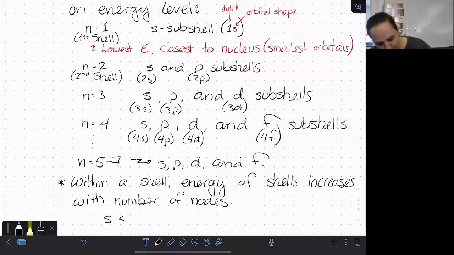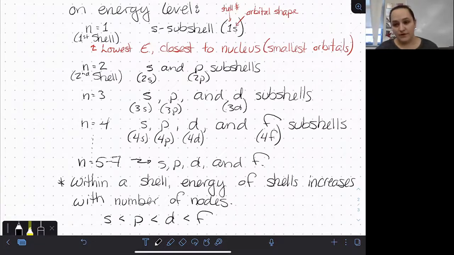So that means that S is always less than P, is always less than D, is always less than F within a given shell. So for instance, if we're in the n equals 4, 4s is less than 4p, is less than 4d, is less than 4f.